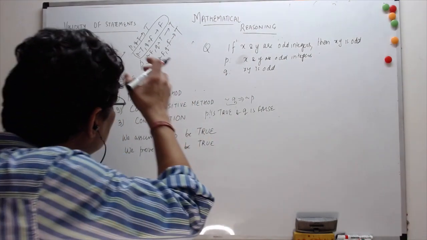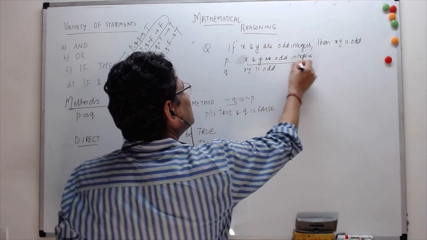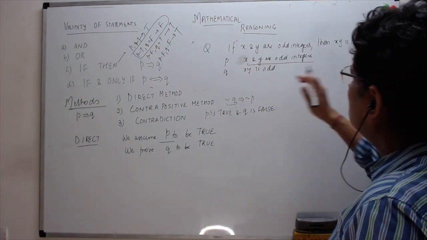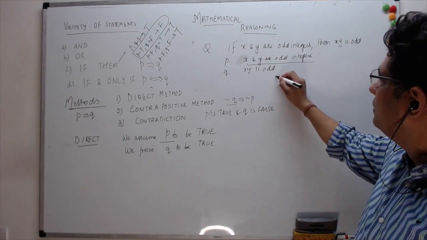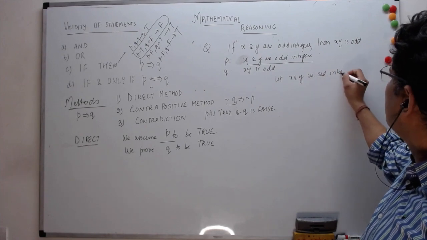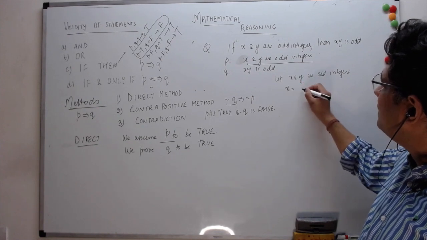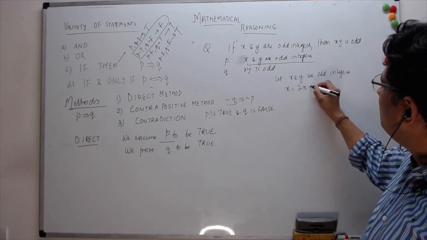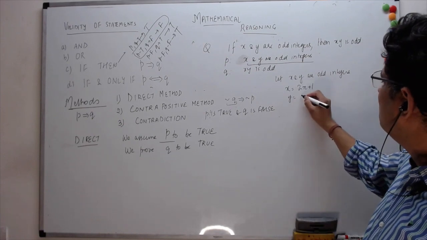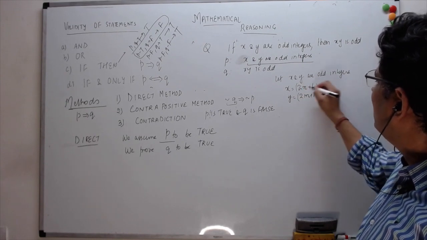Now the direct method would say let us assume P to be true, because we ultimately evaluate something. So let x and y be odd integers. If x and y are odd, that means x can be written as 2n plus 1, and y can also be written as 2m plus 1, where n and m are some natural numbers.